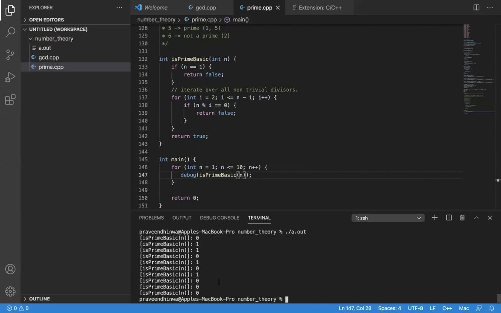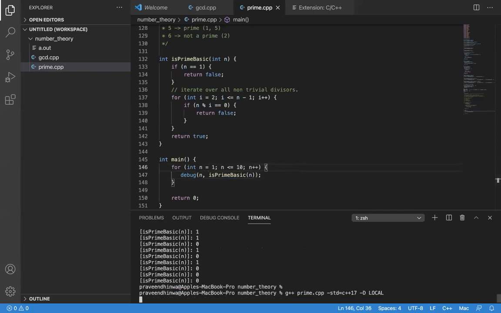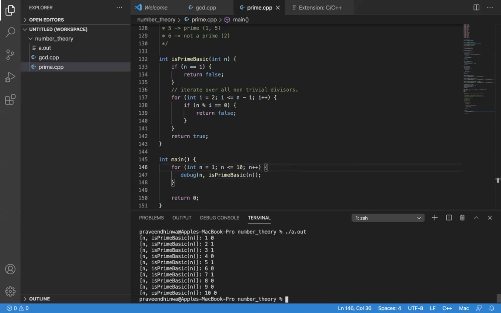Let me print n comma this result. You can see 1 is not a prime, 2 is a prime, 3 is a prime, 4 is not a prime, 5 is a prime, 6 is not a prime, 7 is a prime, 8 is not a prime, 9 is not a prime, 10 is not a prime. You can run it for 100 and check which numbers are prime and which are not.